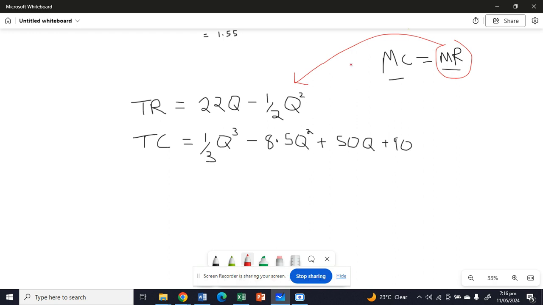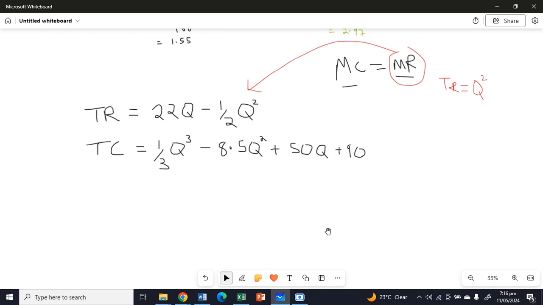If you are given total revenue, for example, let's say I've got this function, q to the power 2, and you want to get the marginal revenue, you derive this function.